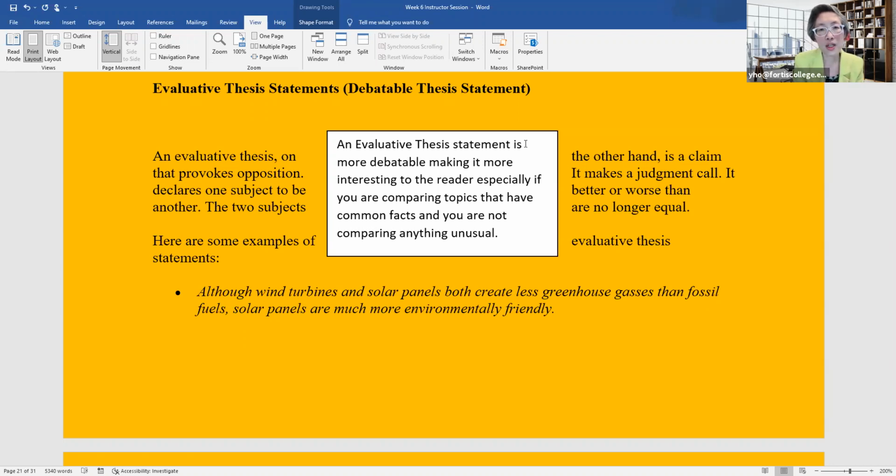And we use an evaluative thesis statement for easy topics because otherwise, if you simply write cold weather has holidays, while hot weather does not have holidays, or hot weather has swimming and cold weather has skating, for instance, that would be an example of an explanatory thesis statement where you just state the facts. Well, that's really dull, but everybody knows what cold weather is, and everybody knows what hot weather is.